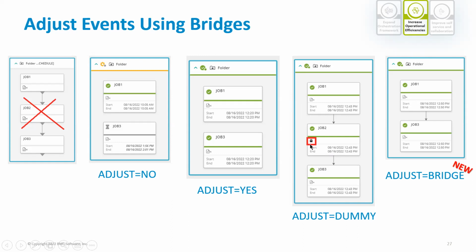Now in Control-M V21, if you have created a workflow and your folder's adjust events is set to bridge, all those jobs which are not scheduled for that specific day will not be shown in the monitoring view of that flow or folder.